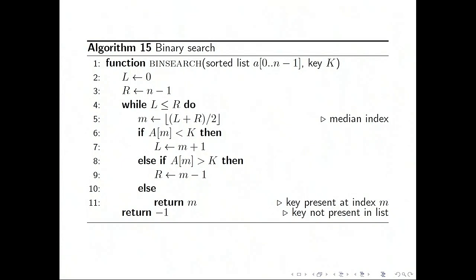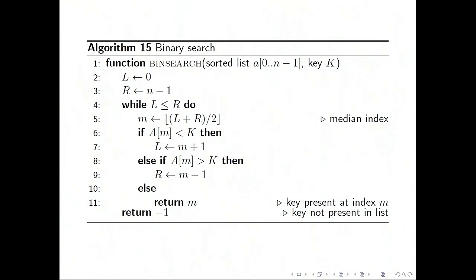So if the range from L to R inclusive is even in length, for example, L is 2 and R is 7, then M in that case would be 4. We're rounding down. So now we have the median index. We access the median element.